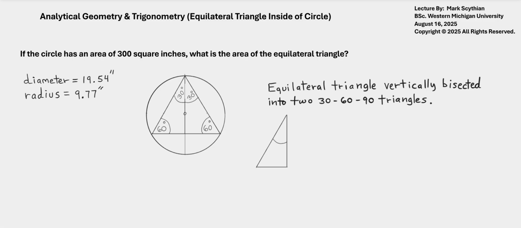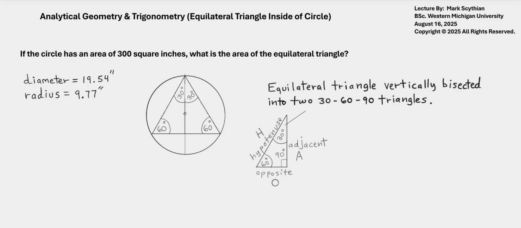So the next step is to find the ratiometric relationship of all three sides of a 30, 60, 90 degree right triangle. We can start with the 30 degree angle, and its opposite side is identified. Then the perpendicular leg is the adjacent side, and the diagonal connector is always the hypotenuse.